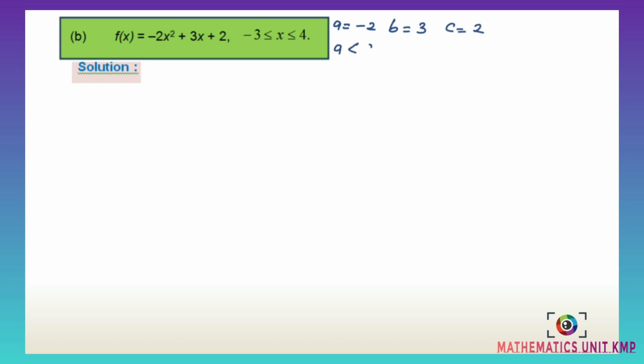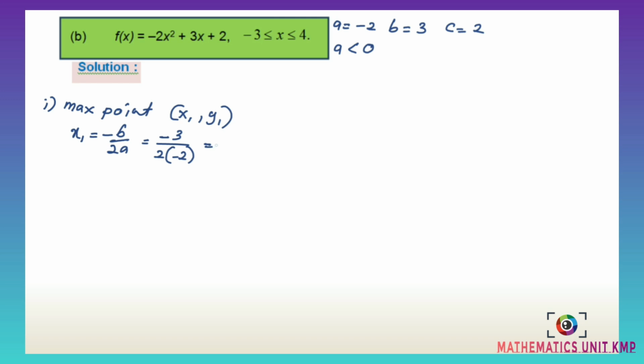A is less than 0, that means the function has a maximum. To sketch the graph, we state the maximum point at (x1, y1). To find x1, from the symmetrical line negative b over 2a equals negative 3 over 2 times negative 2, equals 3 over 4.